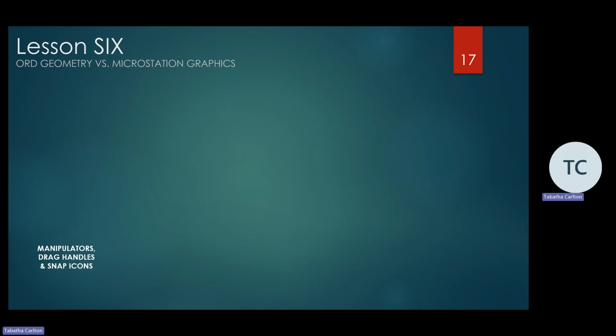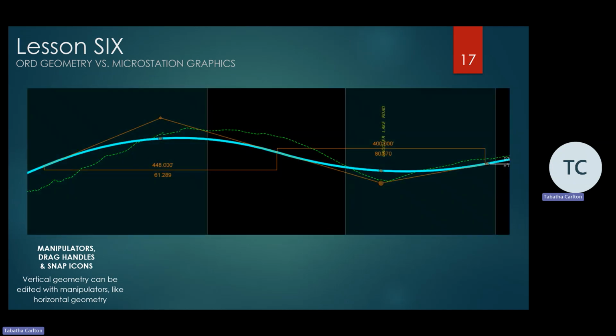So if I've got a profile, the same thing applies to vertical geometry as it does to horizontal. You can select that profile with your power selector, and it's parametric. You can change the vertical curve, you can change the K value, just on the fly right there.